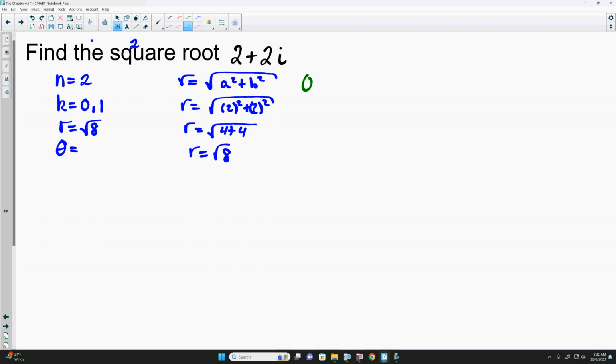Theta is tangent inverse of b over a. So for us, we're taking tangent inverse of 2 over 2.